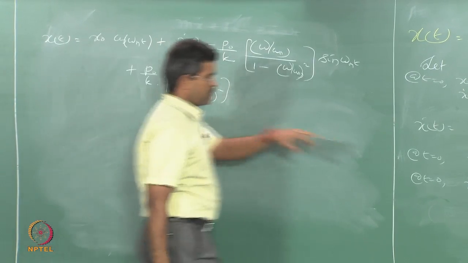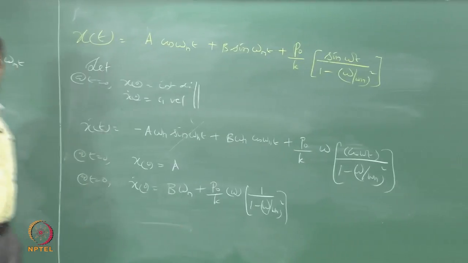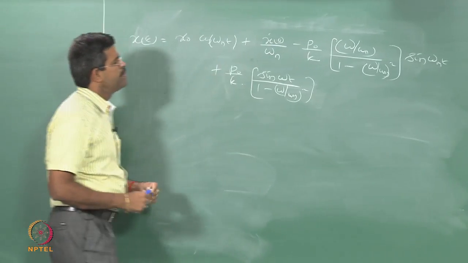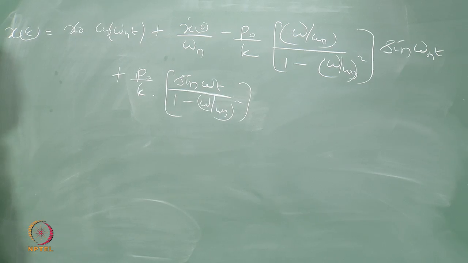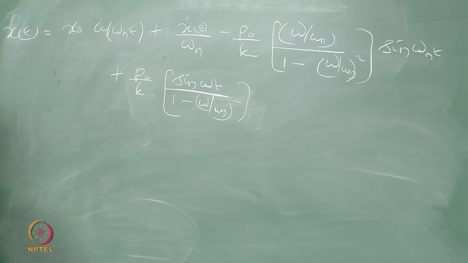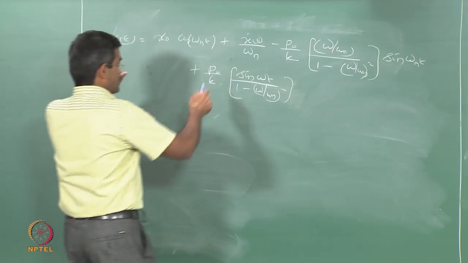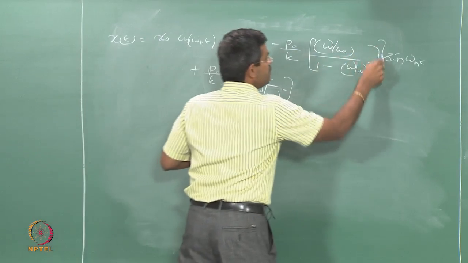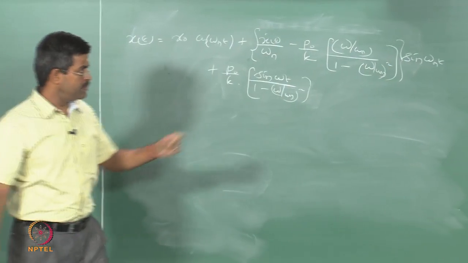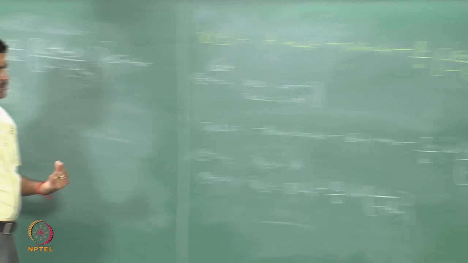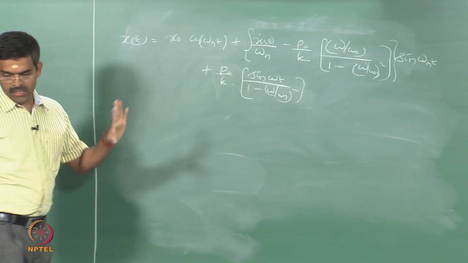Actually, I picked up this term from the velocity. So, let us check: x naught cos omega n t, x dot naught by omega n minus P naught by k. The argument of sin omega n t is for the whole, because that is B sin omega n t, B is the value which I got from here, plus P naught by k sin omega t, and so on.